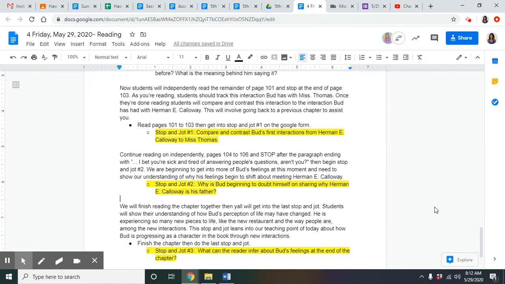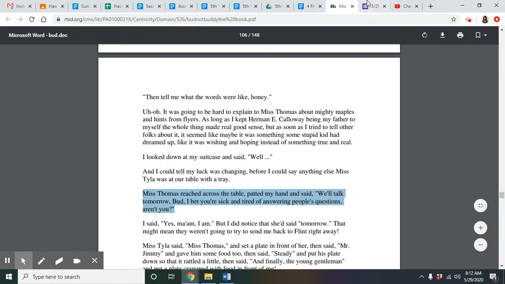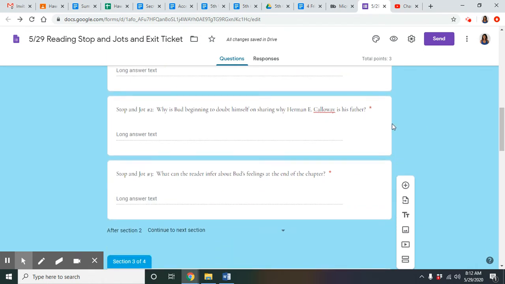And then there may have been a shift in how he feels about meeting him now. So you guys are going to read again pages 104 to 106, stopping after this paragraph, and then you're going to get into the second stop and jot: why is Bud beginning to doubt himself on sharing why Herman E. Calloway is his father? So go ahead and pause the video and get started.